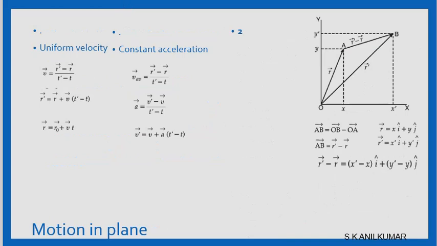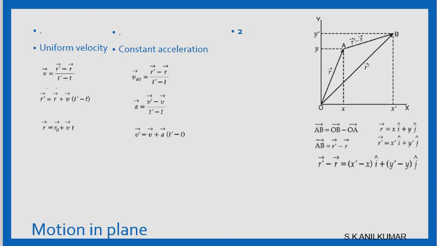Now we have two types of motion. One is uniform velocity, one is constant acceleration. What is uniform velocity? Velocity is the same throughout. Rate of change of velocity being the same is constant acceleration. So in velocity we have v equals (r dash minus r) by (t dash minus t), velocity equals displacement by time. r dash and r are final and initial positions, and t dash and t are final and initial times.